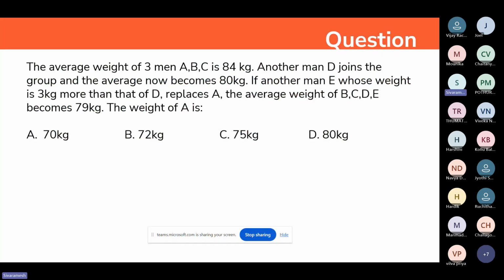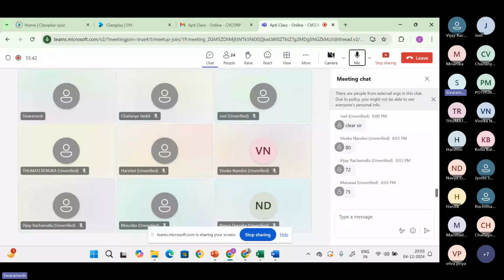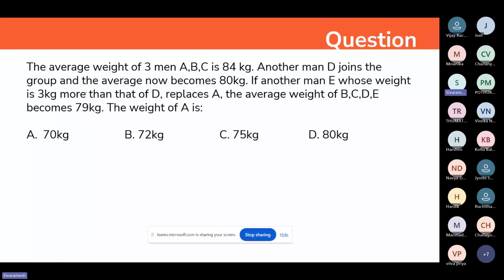I think both are wrong. You might have committed a mistake in between. Okay, guys, that's fine. I think you guys are trying. Yeah, Manas posted 75. Very good. Yes, guys, very good. I hope you guys tried.